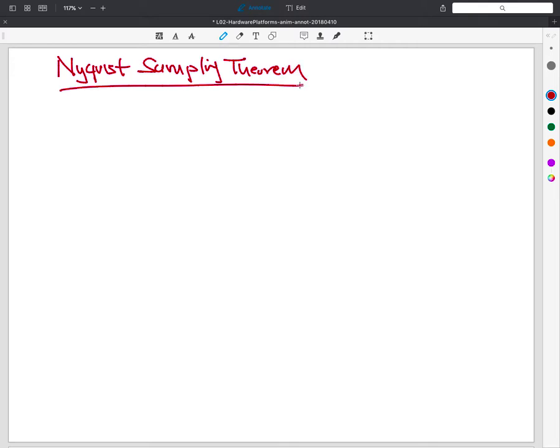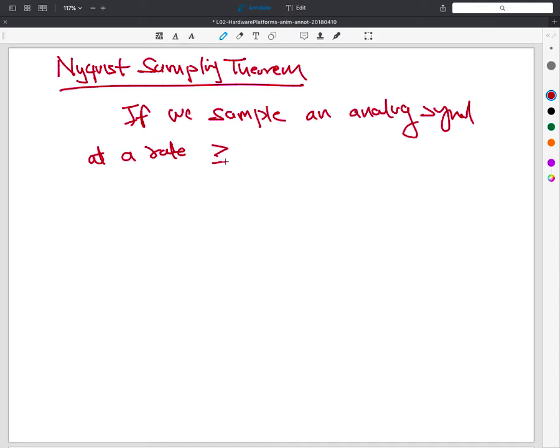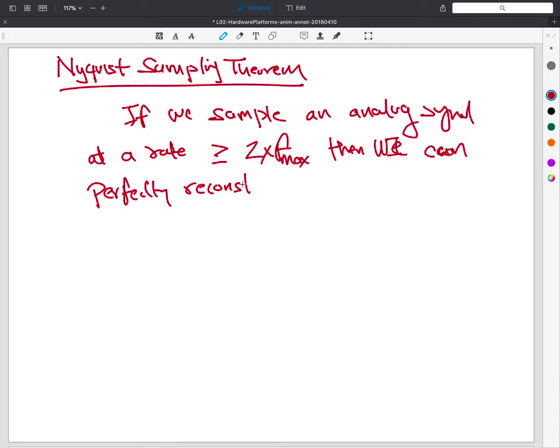What it says is that if we sample an analog signal at a rate which is greater than or equal to 2 times the highest frequency it has, then we can perfectly reconstruct the analog waveform from the samples.